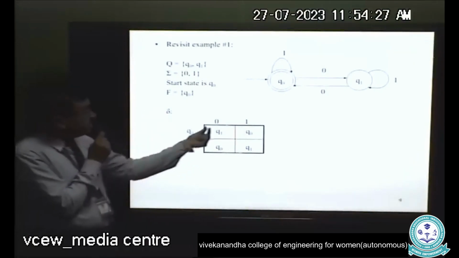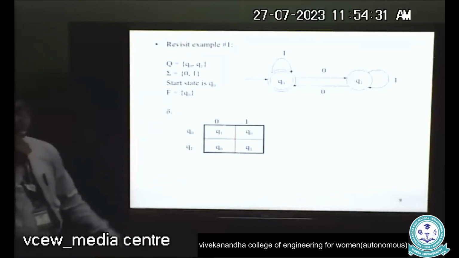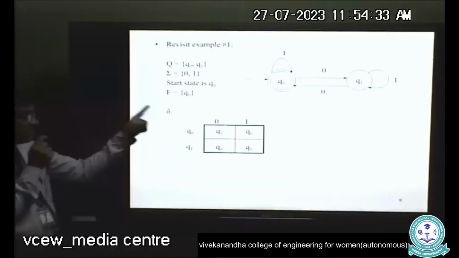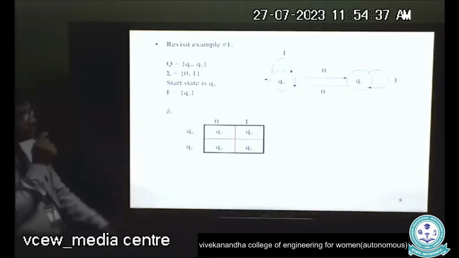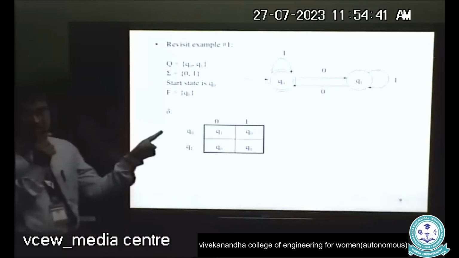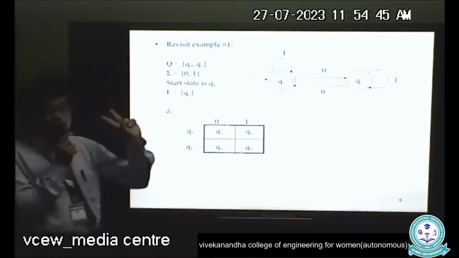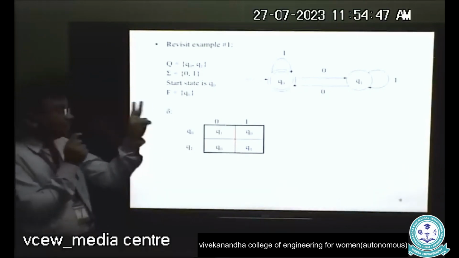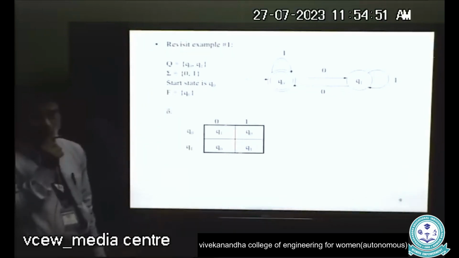And the next one is the transition table. So now all of you look at the transition diagram and check the state Q0 first. In Q0, check how many input symbols are traveling from Q0. There are two input symbols traveling from Q0. One is 0 and another one is 1.